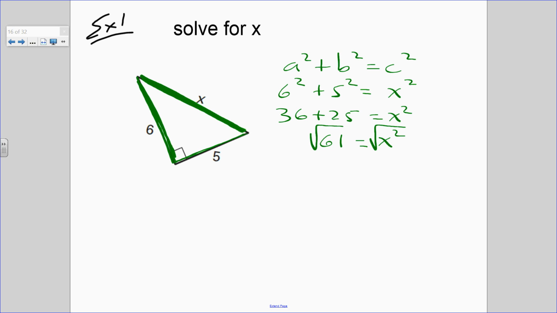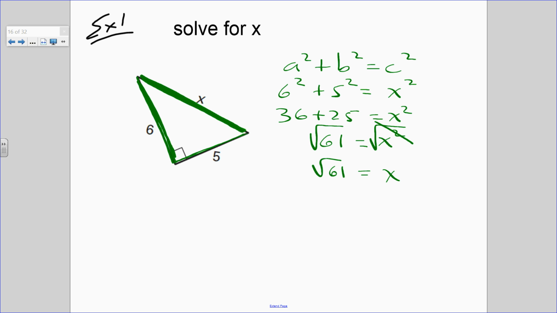And it just so happens that square rooting eliminates squaring. Square rooting undoes taking to the second power. So this is gone. All I have is x alone, equal to the square root of 61. So x is equal to the square root of 61.